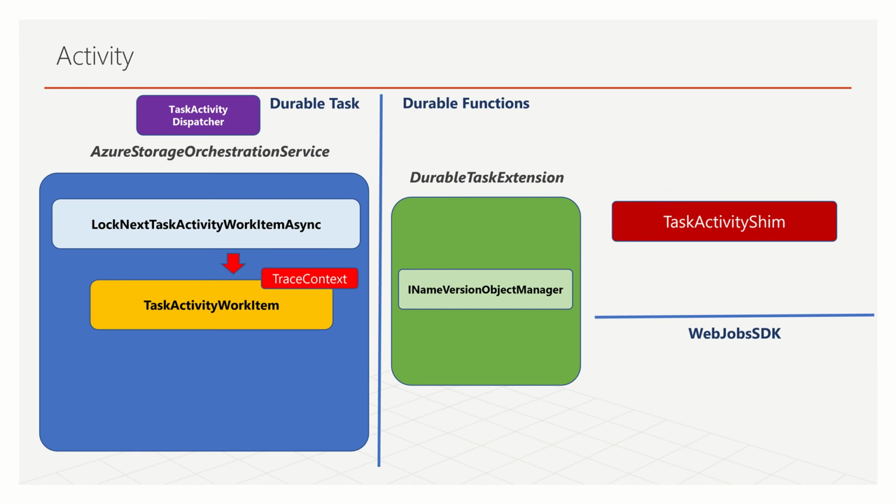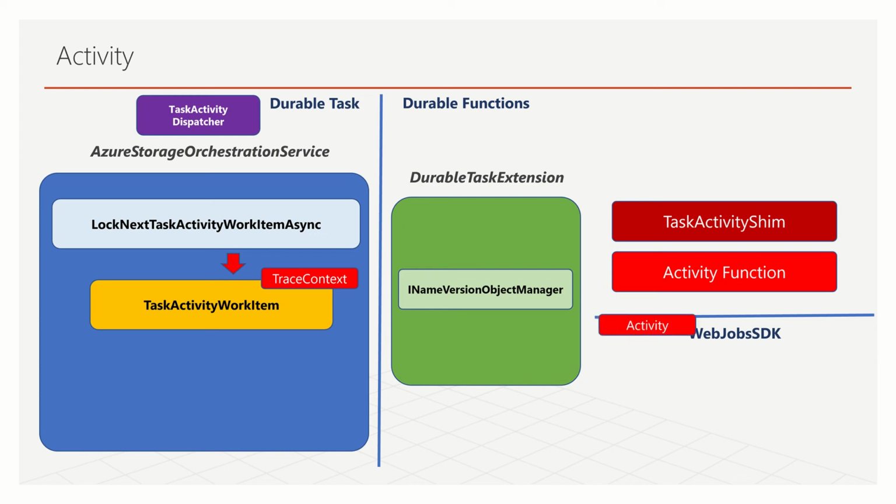This time, the task activity stream will execute the Azure Functions host with the activity function. That is why the activity functions can refer to the activity class instance, because the INameVersionObjectManager already inherits and gets the instance through .current, and also the activity functions have an activity.